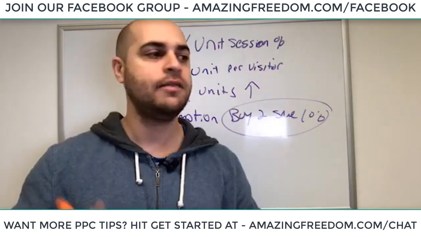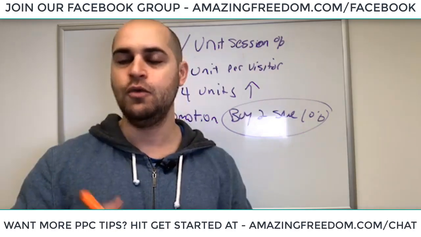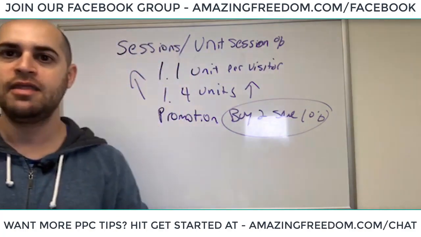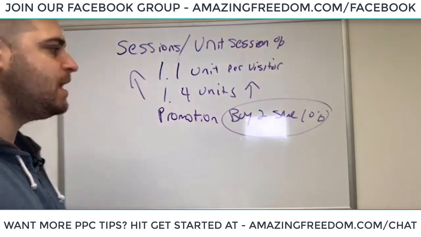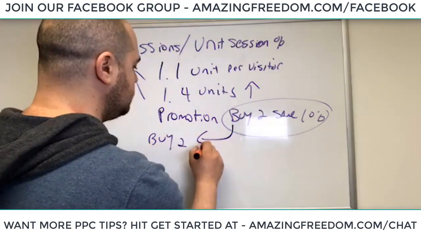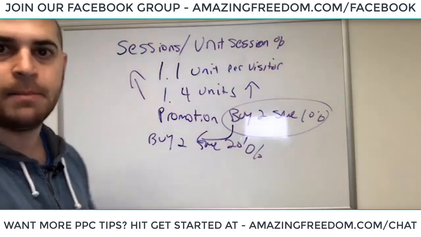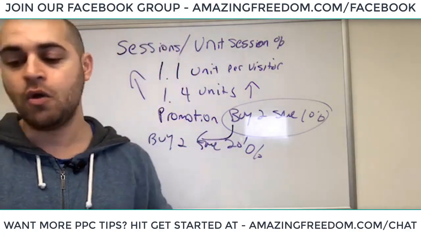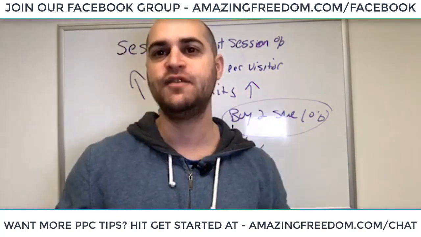I also know that if my unit session percentage goes up, I'm also going to move up in the rankings ahead of my competition. Then maybe instead of just doing buy 2, save 10%, maybe I'm going to make an offer of buy 2, save 20%, okay? Now, do you think that's going to increase my sales? Well, if it's the right product where people might want to buy more than 1, or, right now, Q4, it's a great time to do that because people are buying gifts for other people.